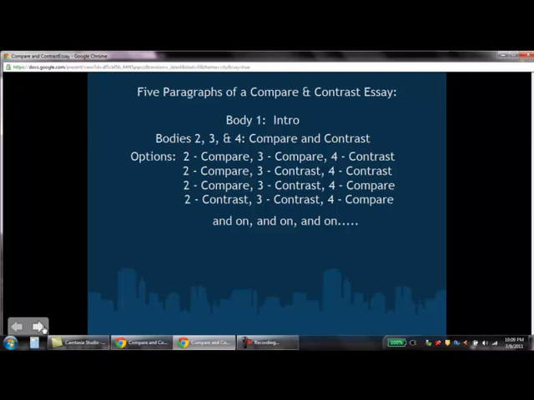Well, we can't write a whole paragraph over them being different colors. So we go beyond the obvious and really delve in. You're going to do, obviously, topics much more sophisticated than comparing apples and oranges. So those are your 3 body paragraphs.